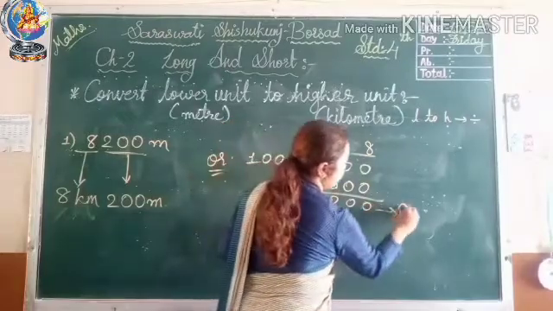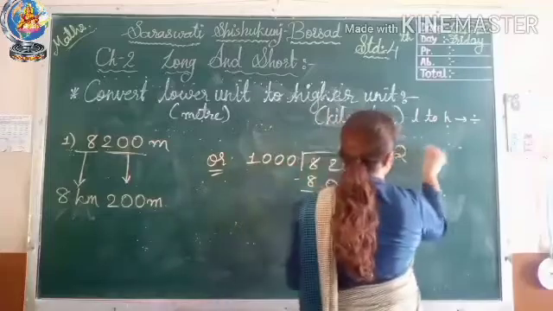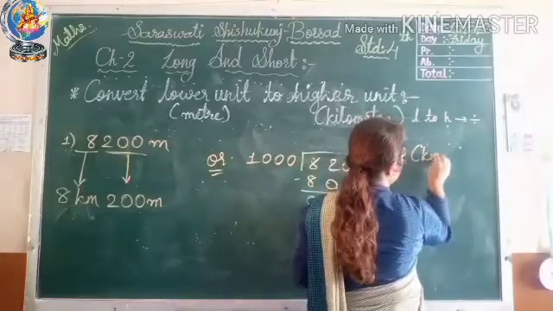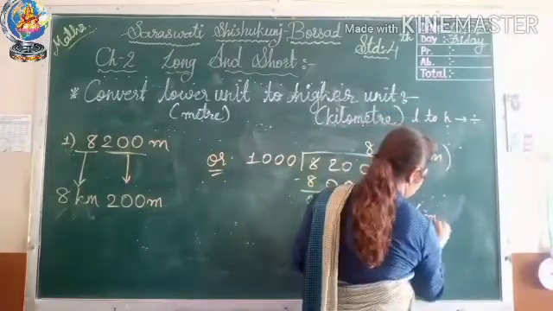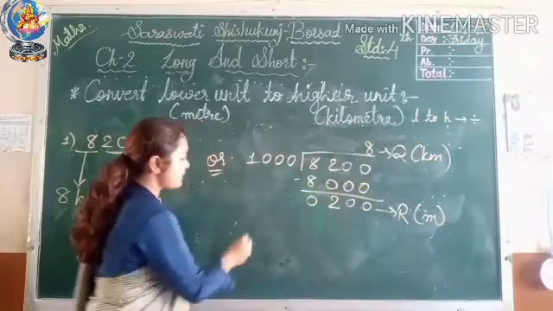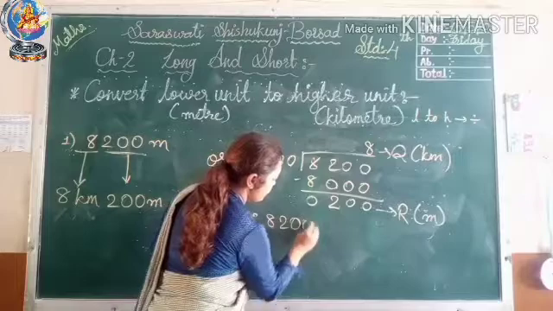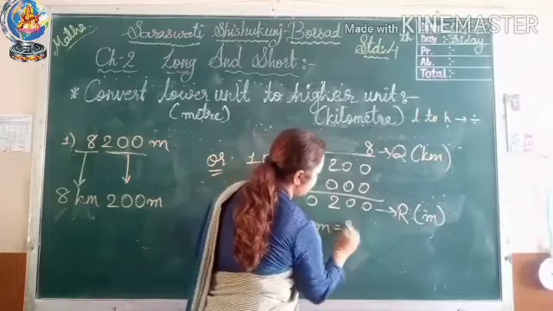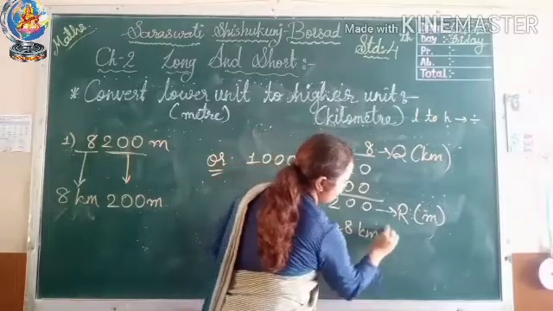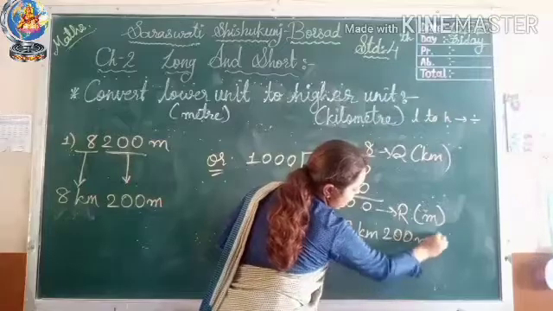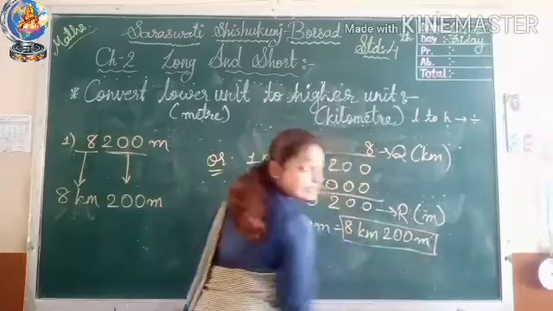So here is our remainder and quotient. As our quotient is kilometer and remainder is meter, we can say that therefore 8200 meter is equal to 8 kilometer 200 meter as our answer.